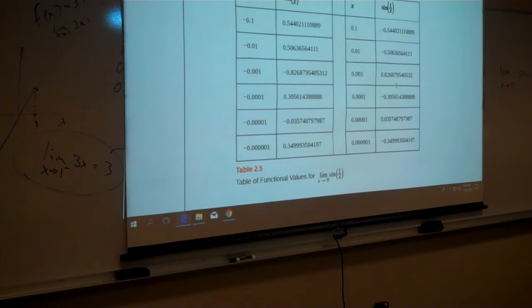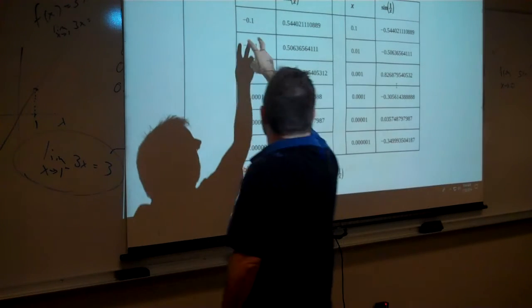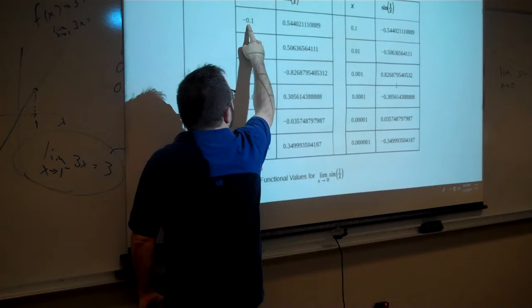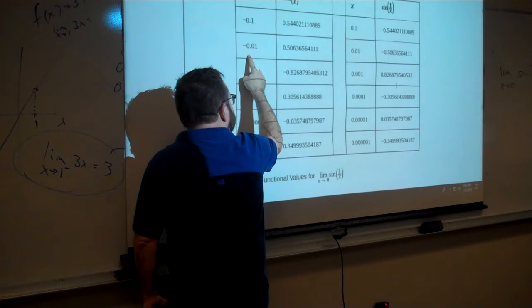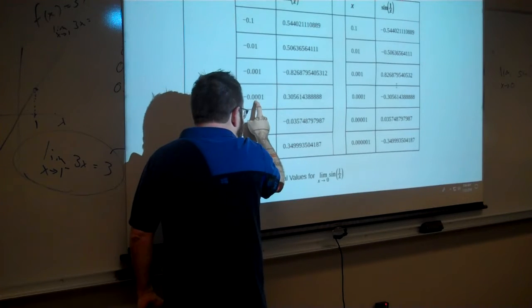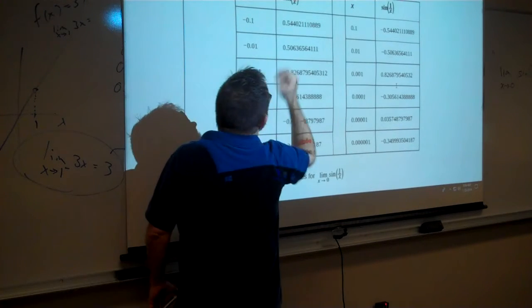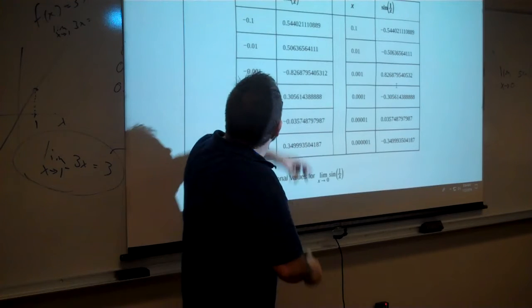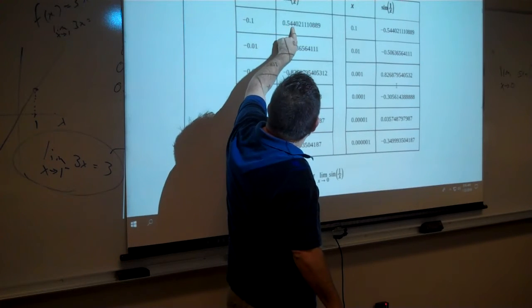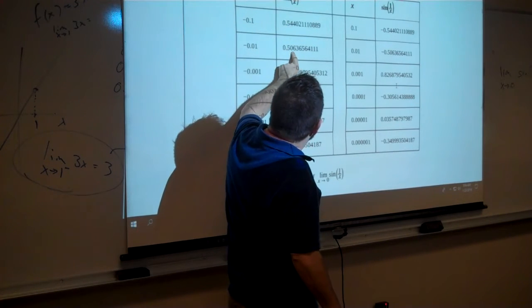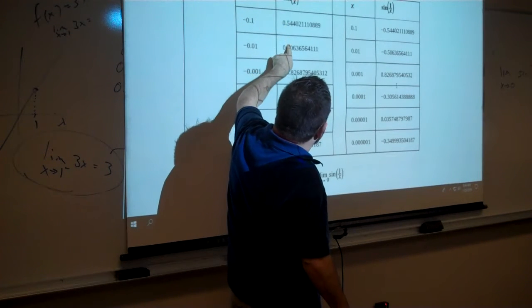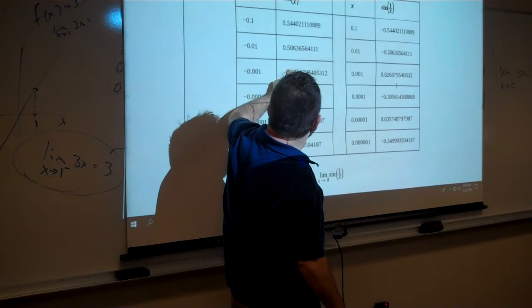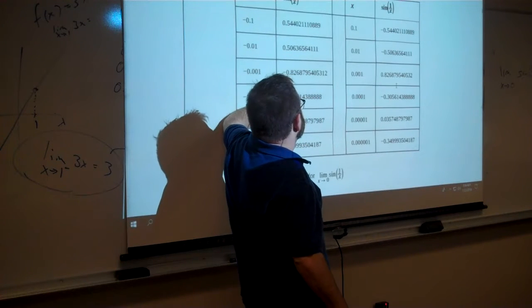It looks like I'm approaching 0, so from the left, I'm going to start with a number close to 0, but less than. Then I'm going to take a step closer to 0, and a step closer, and another, and I'm going to see what happens to f of x. It's going to approach some value. Well, look, here we are at 0.54, and then 0.5 something or other, so maybe I'm thinking the answer is going to be 0.5, but then look what happens if I get closer to 0.